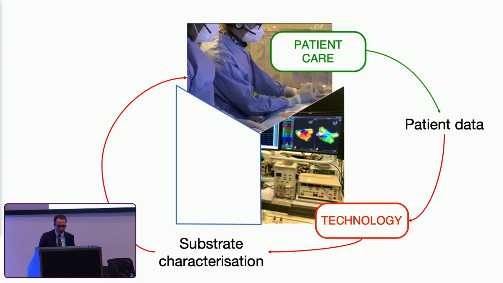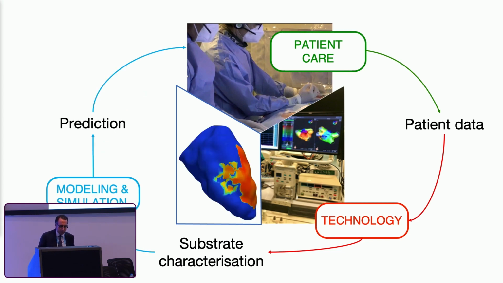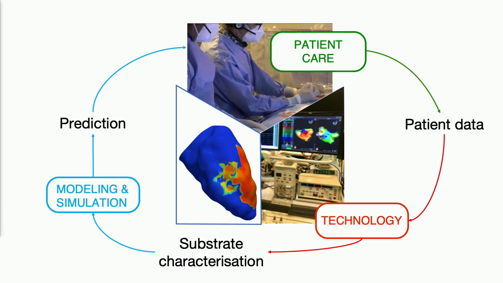We then leverage our experience to identify the optimal ablation strategy, trying to anticipate the formation of new VT circuits despite the ones that appear during the procedure. Modeling and simulation techniques can assist in tailoring treatment strategies to individual patients.